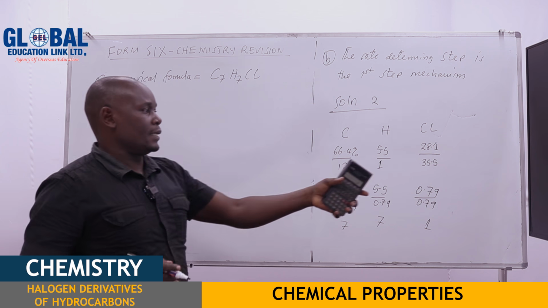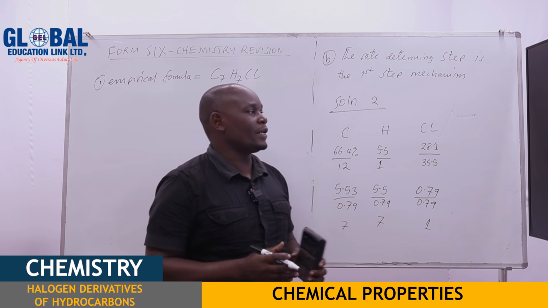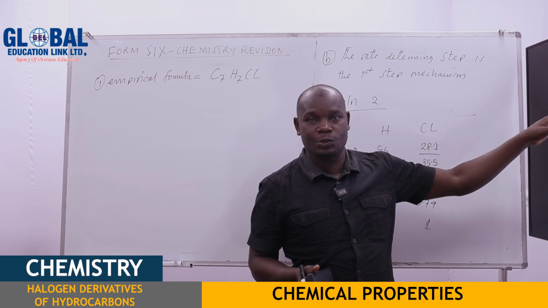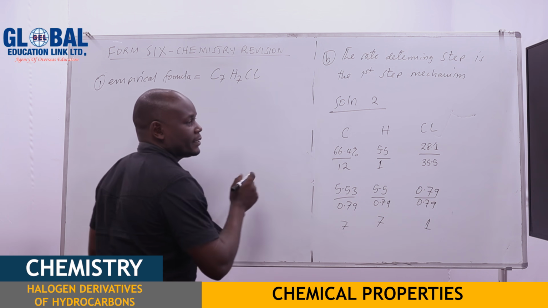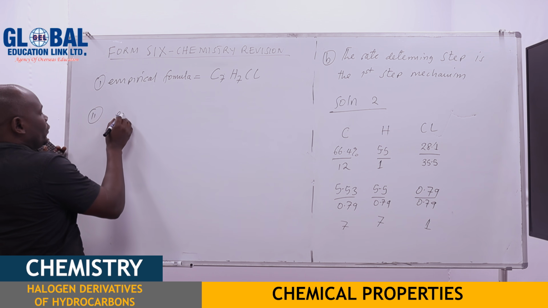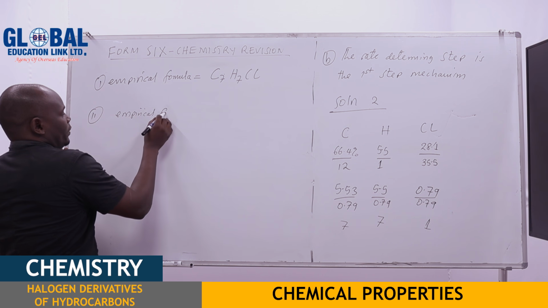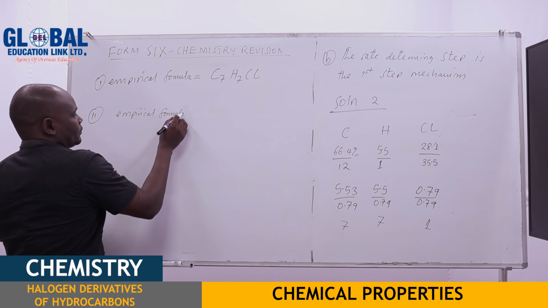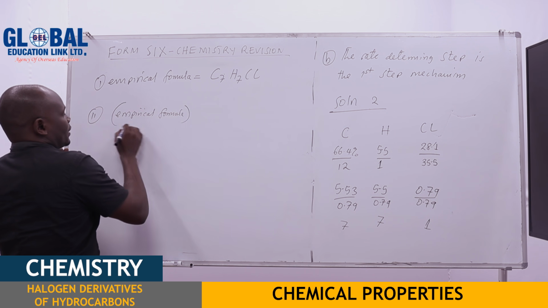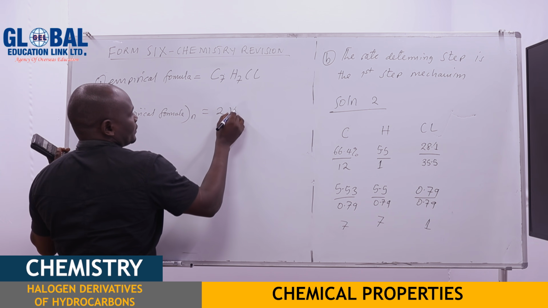And the second part, you have been asked to determine the molecular formula of A, but you have been given the vapor density of our compound. So from that, now question 2, we know that the empirical formula times N is equal to 2 times vapor density.